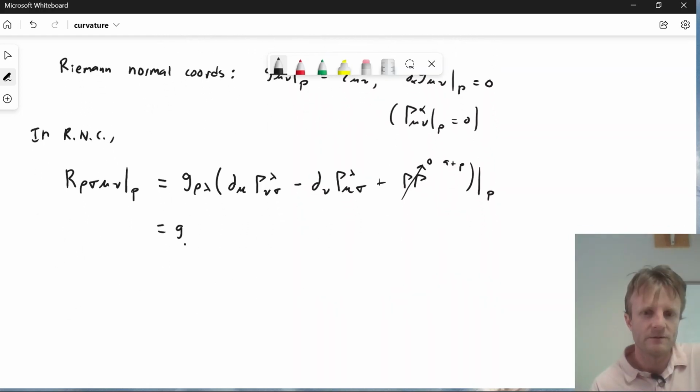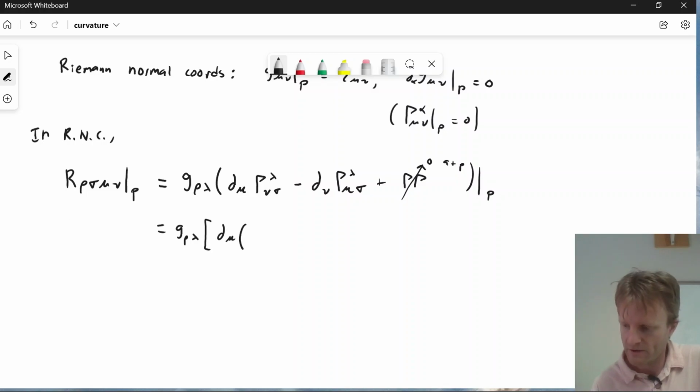So g rho lambda, I could change this to eta rho lambda at this point, but let me leave it for now. So there's going to be two terms, del mu of, and now we need a 1/2 g upper lambda alpha. Then del nu g sigma alpha.